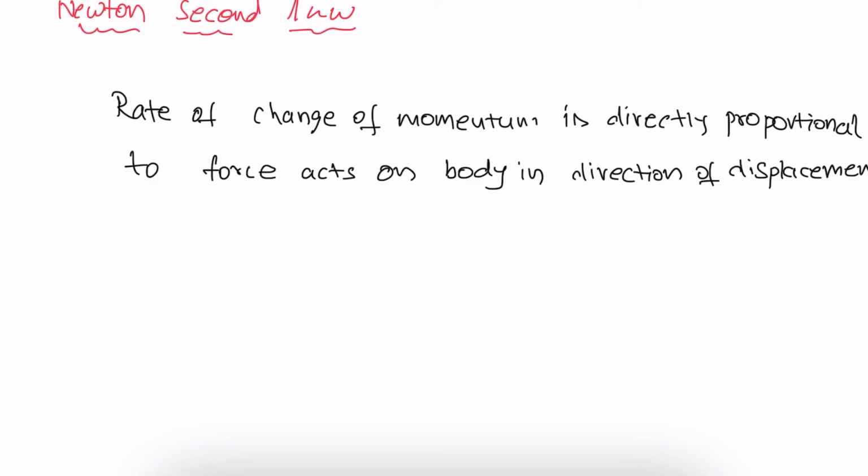One time that was asked, so you should read this question and learn the answer for it. First you write the statement of Newton's second law: rate of change of momentum is directly proportional to the force acting on the body in the direction of displacement. So F is directly proportional to dp by dt.